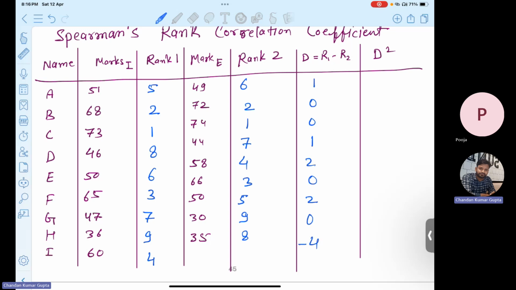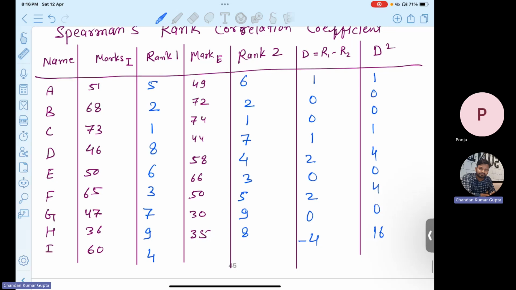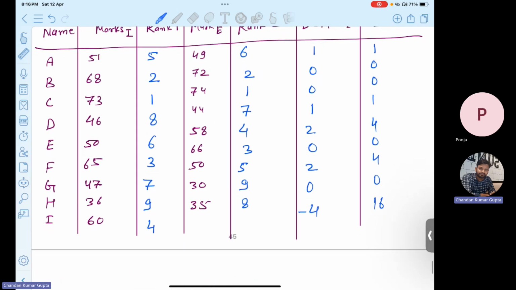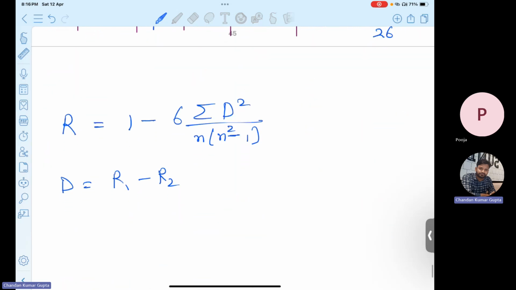Okay, so these are the differences, and then the squares are 1, 0, 0, 1, 4, 0, 4, 0, and 16. So we have calculated this. Now the summation is what? The summation of d square is 26.